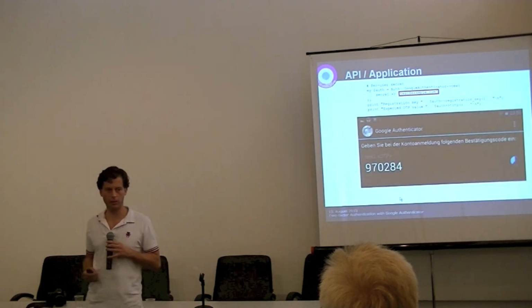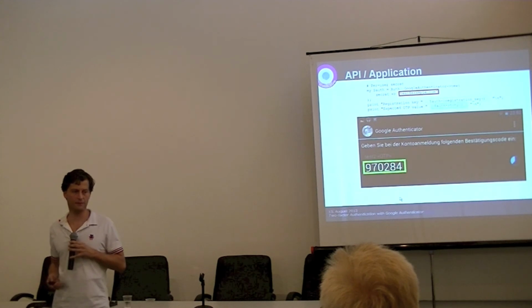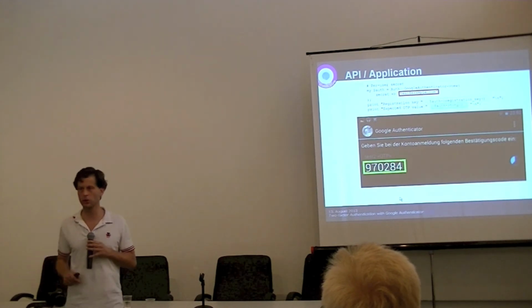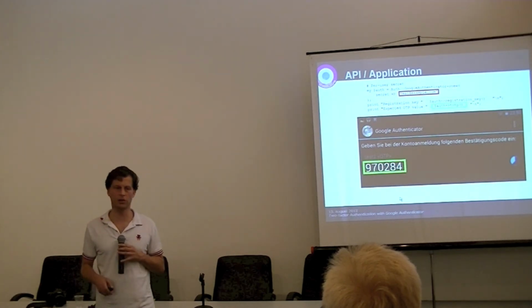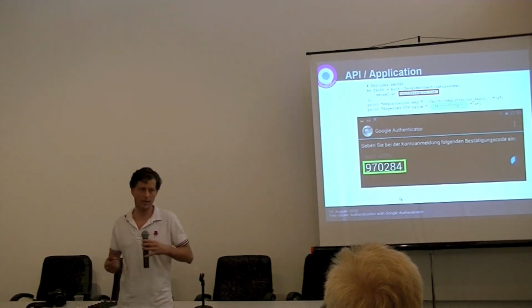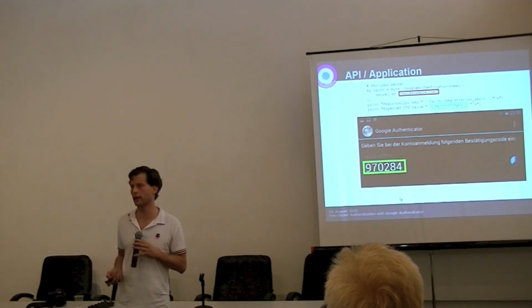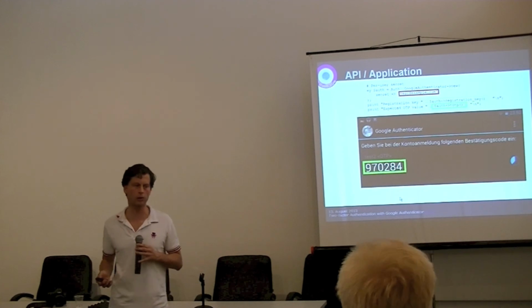And then on the main page of that application, we have that large friendly number, which is the current code for this account. And that large friendly number is also the value that the TOTP function returns. And whenever these two are equal, you have a legitimate user that is allowed to log in.